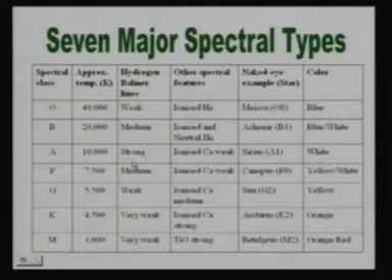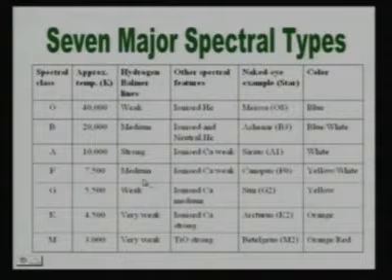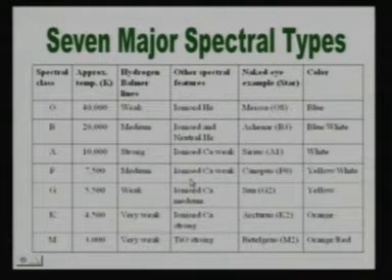In class A, hydrogen lines become very strong and the lines due to ionized helium almost vanish, and instead we have lines due to ionized calcium. Weak lines, but we have them. Similarly in F, the hydrogen lines have become weak again, and the ionized calcium lines, though weak, have become stronger now.